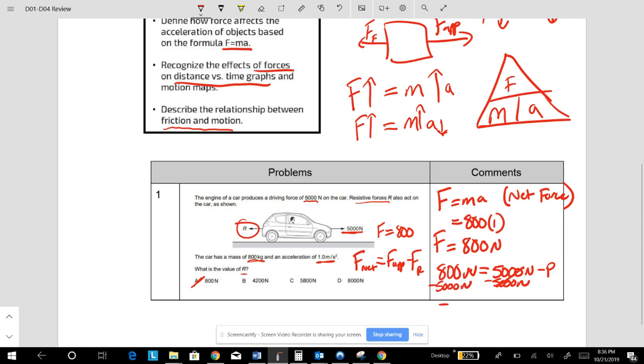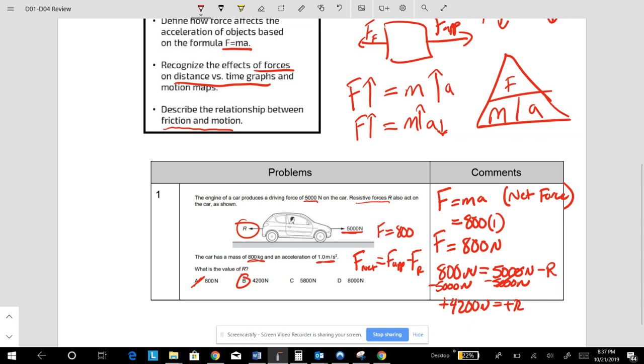And then my answer should be negative 4,200 newtons, negative R. So then my resistive force would actually be positive 4,200. So my answer should be B. That's how you solve these.